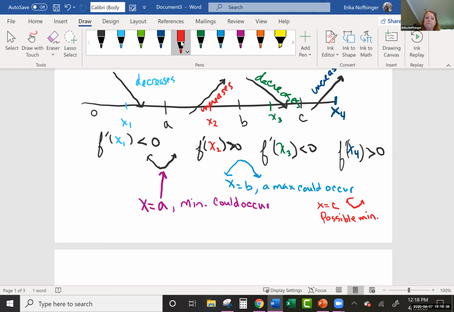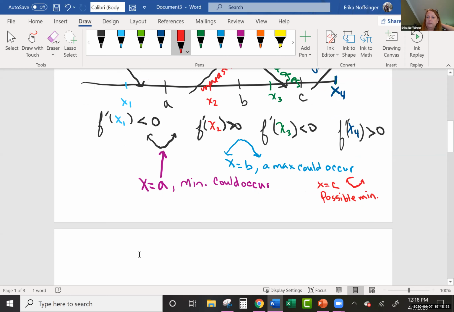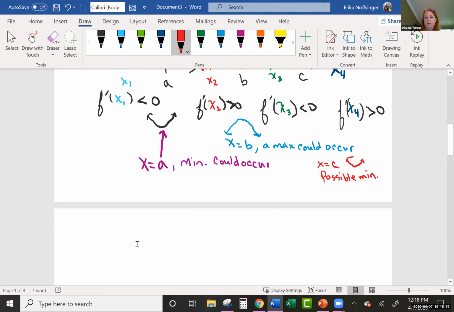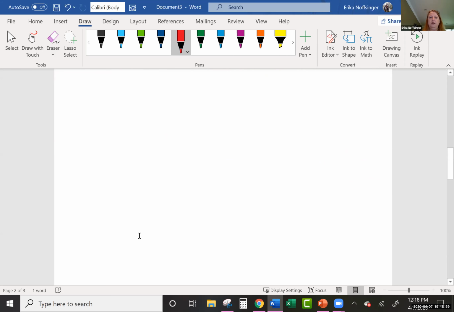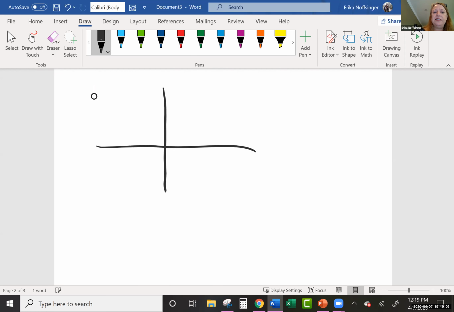Okay, so the first derivative is going to help us find where our graph is increasing and decreasing. It's also going to help us find where local max and local mins occur. Just want to give you a couple of examples.